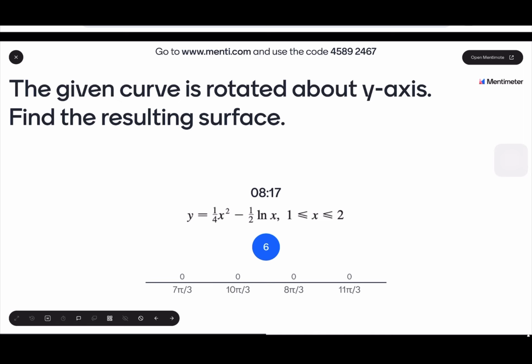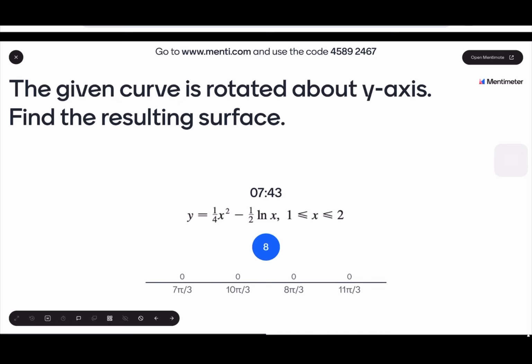It's rotated about the y-axis. The time limit is around 8 minutes, so maybe 2-3 minutes to understand the question, and then try to solve. If you are not confident, if you bring your calculator, you can use the calculator for the integral part. But first, carefully write the correct formula.